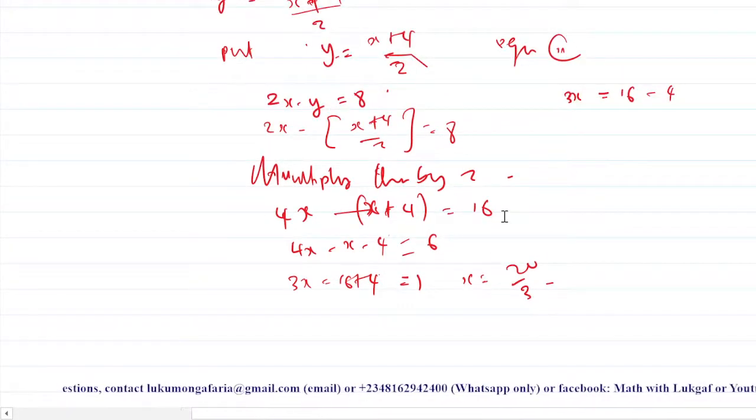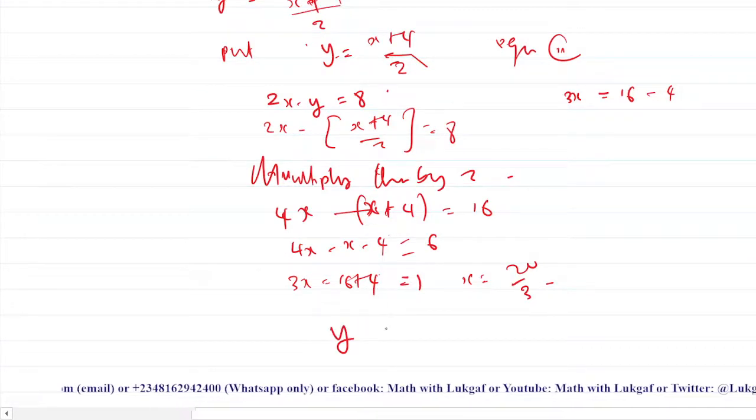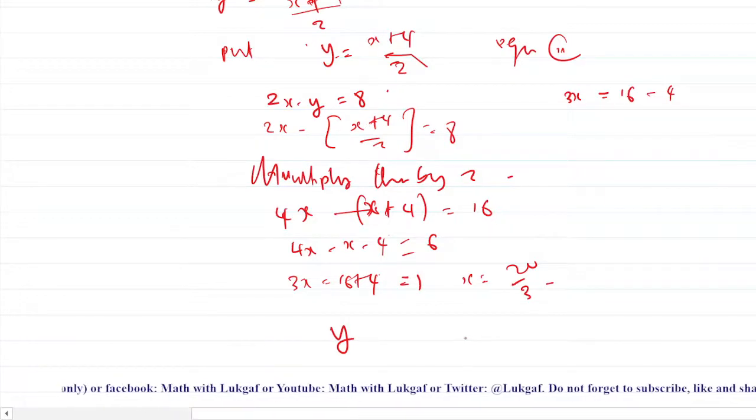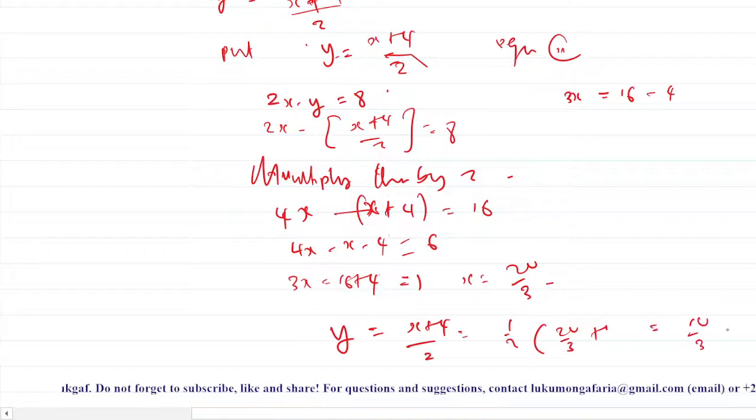The system is kind of slow. So you have that your y is equal to x plus 4 divided by 2. You understand now? Then that's going to be half into 20 divided by 3 plus 4, which is going to give me 10 over 3 plus 2.